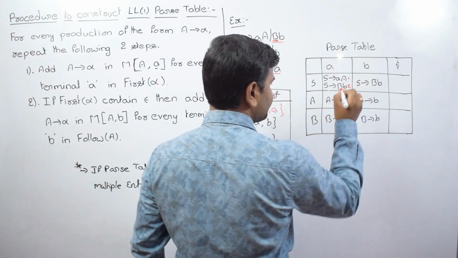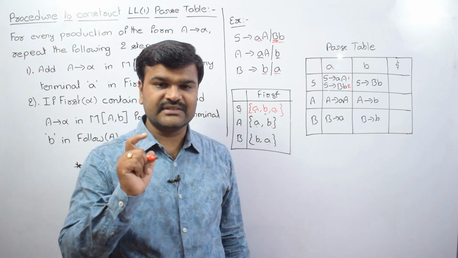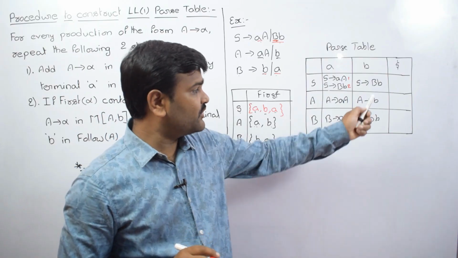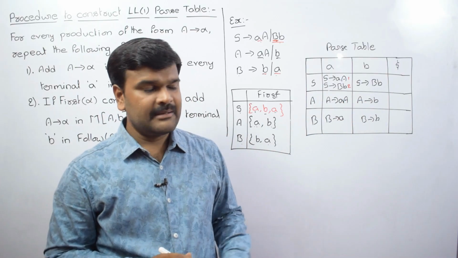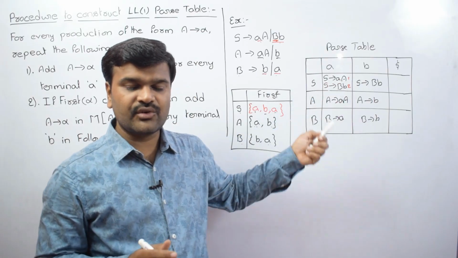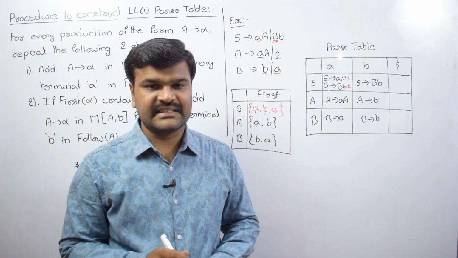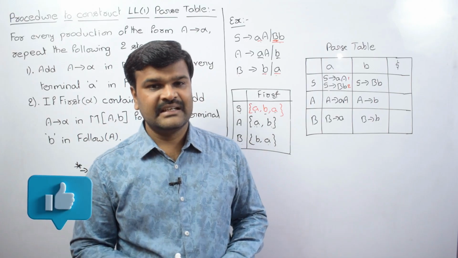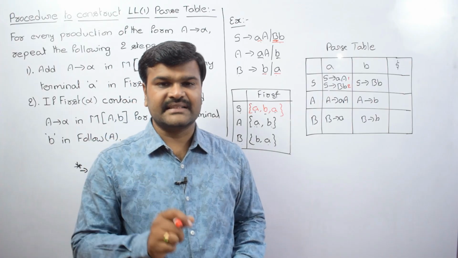Which rule do you have to follow? Always you must have a single path or single rule. If you come here, only one rule is there, and you will follow it blindly. But when you come to this cell, which rule, 1 or 2, do you have to follow? That is the ambiguity or confusion state. Such a parse table should not exist. That is why multiple entries are not allowed in a parse table.